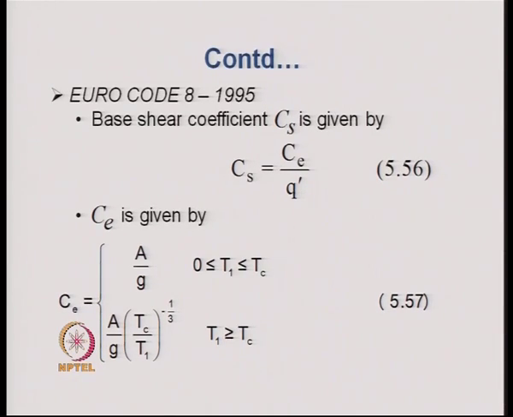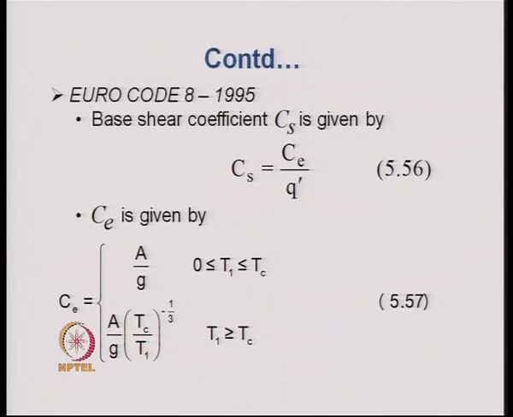The TC indicates the upper limit for the straight line portion of the curve, and for time period greater than TC, the value of CE is equal to SA by G multiplied by TC divided by T1 to the power minus 1/3.